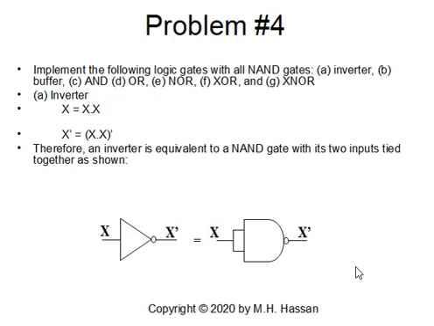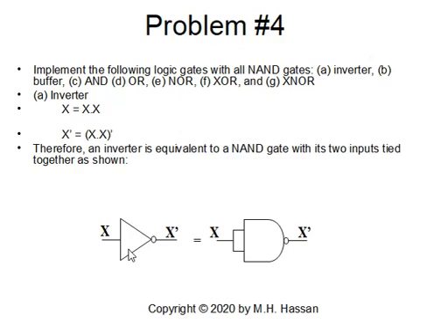Problem number 4: we would like to implement the following logic gates with all NAND gates. As we said, the NAND gate is a universal gate, which means any expression, any function can be implemented with NAND. To implement first an inverter, based on Boolean algebra, x equals x and x, and if we take the complement of this side of the equation, x prime, which is an inverter, is a NAND gate with two inputs of x.